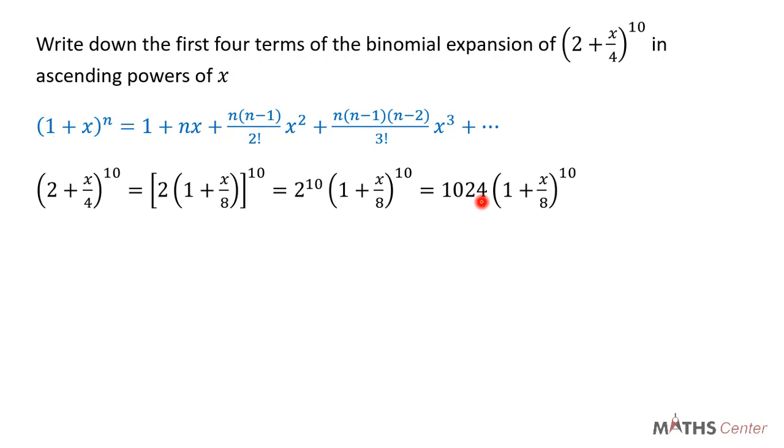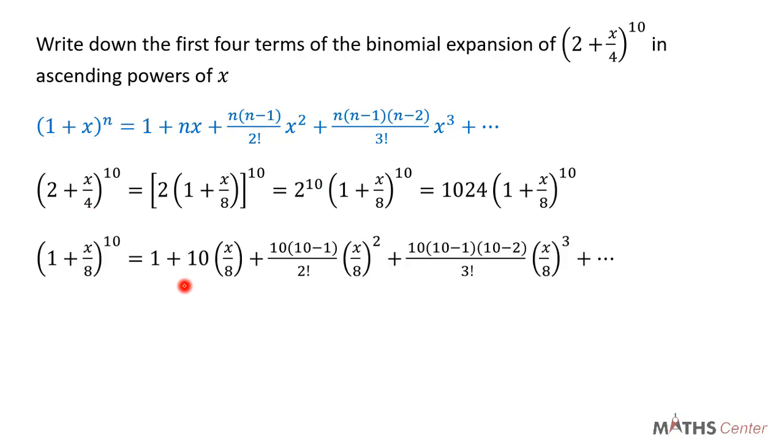So we have 1024 times (1 + x/8)^10. So now we can use our binomial expansion here to expand (1 + x/8)^10. Then after that, we will multiply the result by 1024 to get the expansion of ((2 + x)/4)^10.